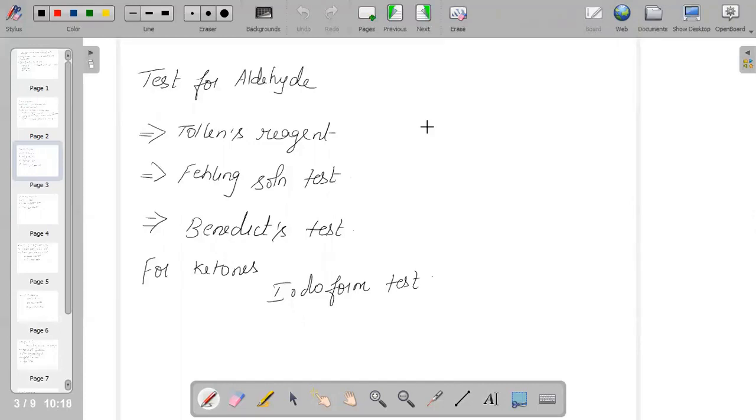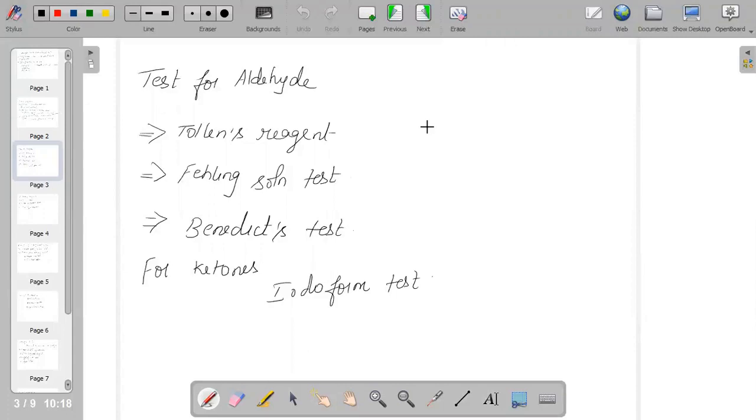But the condition here is that aldehydes are easily oxidized even with a mild oxidizing agent, whereas for ketone we always require a strong oxidizing agent. So for example, let us see what oxidizing agents we use for aldehyde.